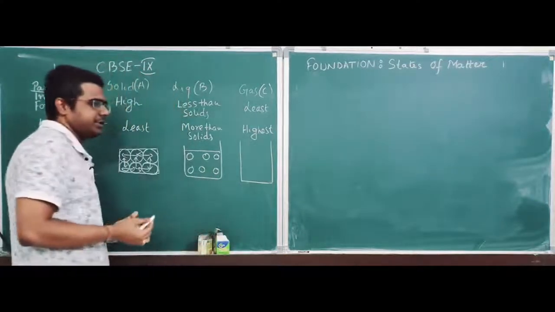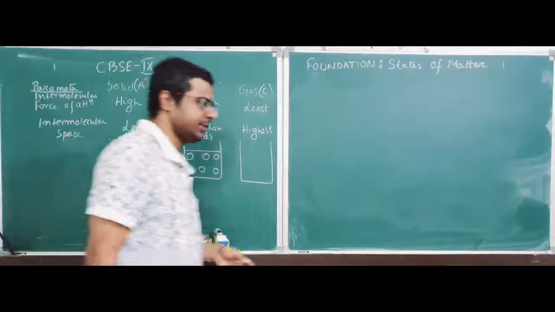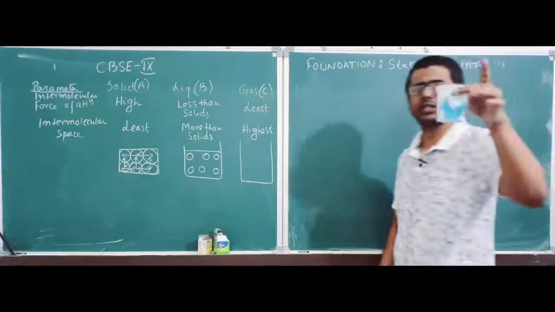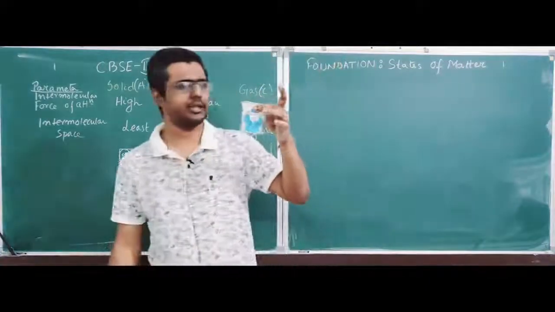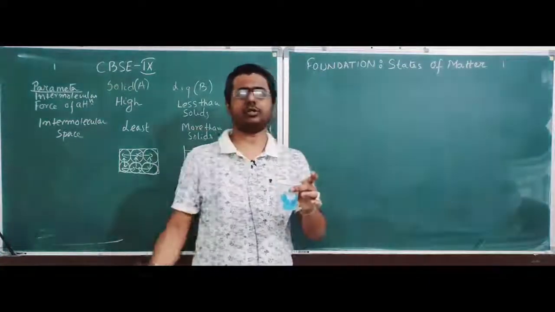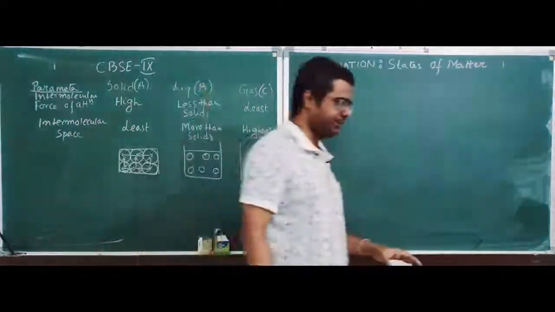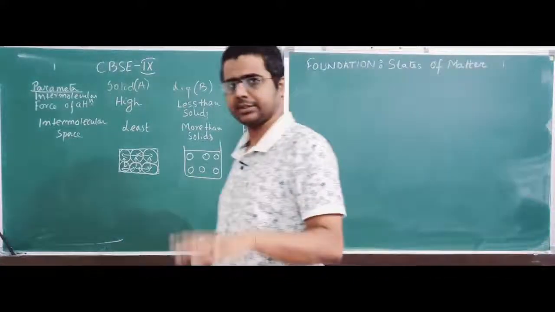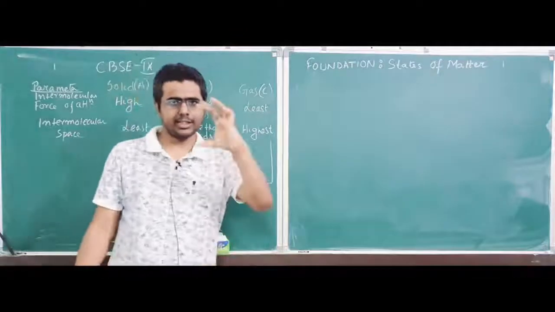In case of gas, as you have seen, suppose I take this glass over here, so this definitely contains some gas, right? Can you see any surface of the gas in it? No. But if I put some liquid into it, take water, you will get some surface.